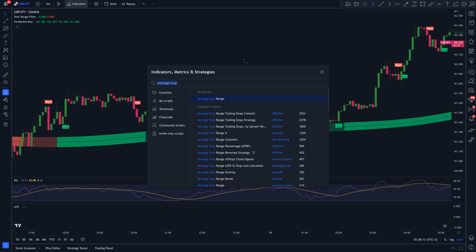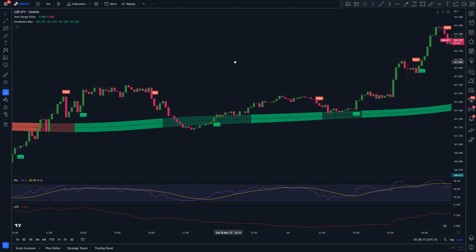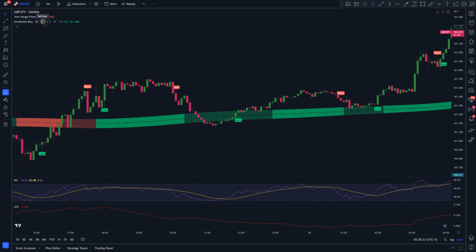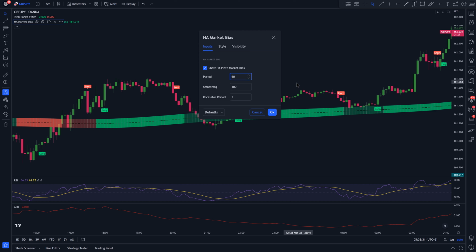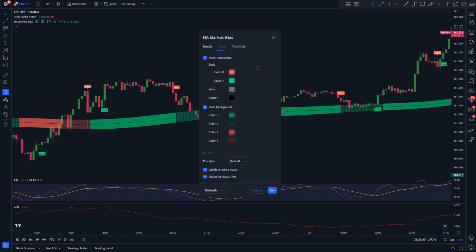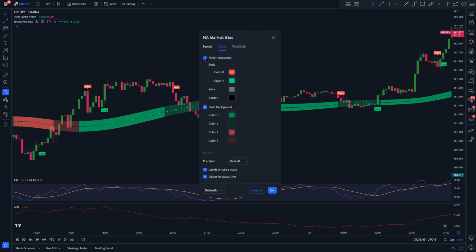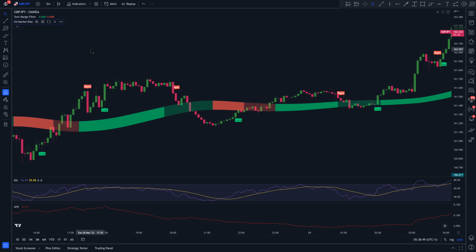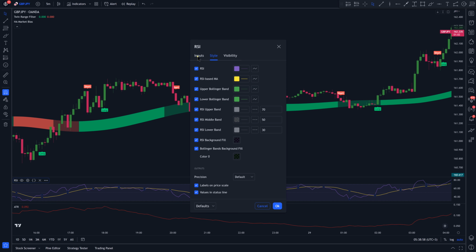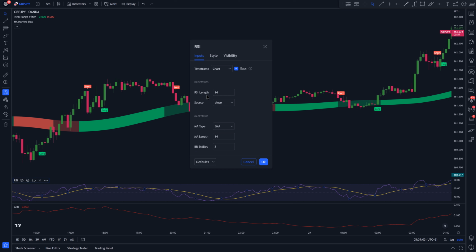And then we're going to change some settings, starting with the Market Bias indicator. Click here on the Inputs tab, change the period to 60, and then change the smoothing to 30. Then on the Style tab, you're going to uncheck this first option. And then we're going to change the RSI settings. To do that, click here on the Inputs tab, change the RSI length to 7.